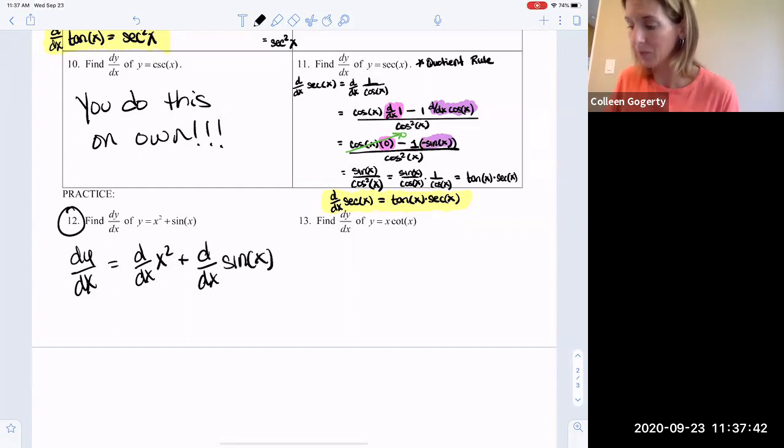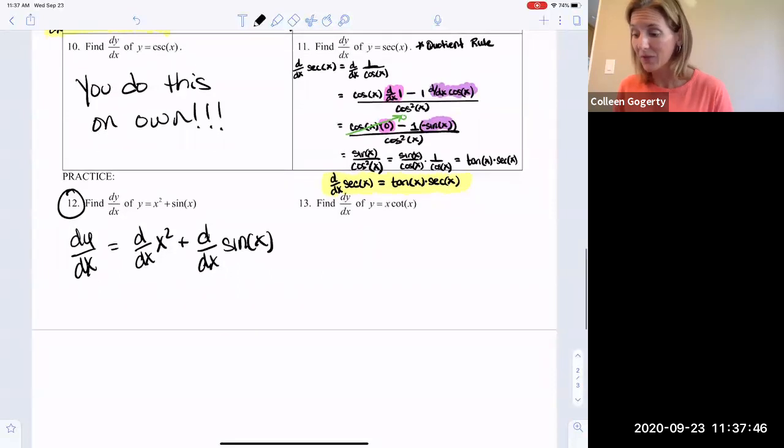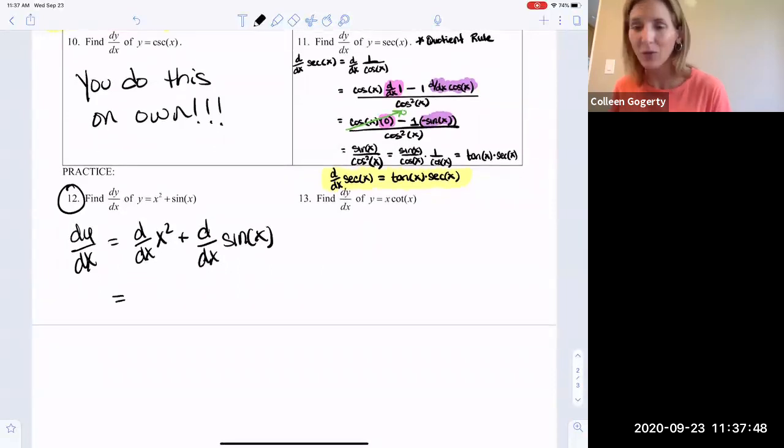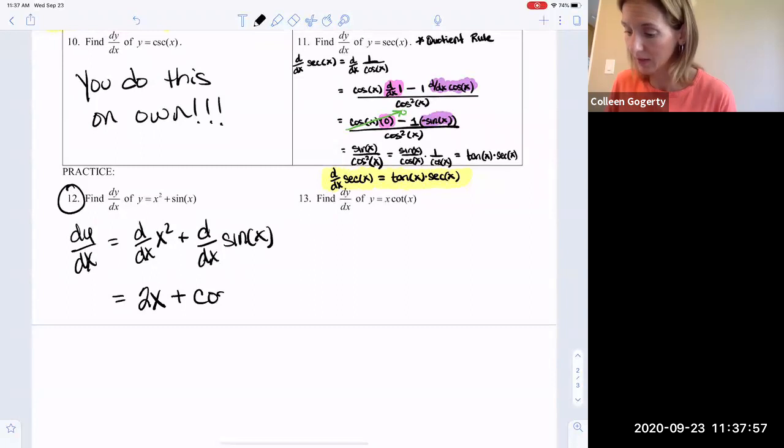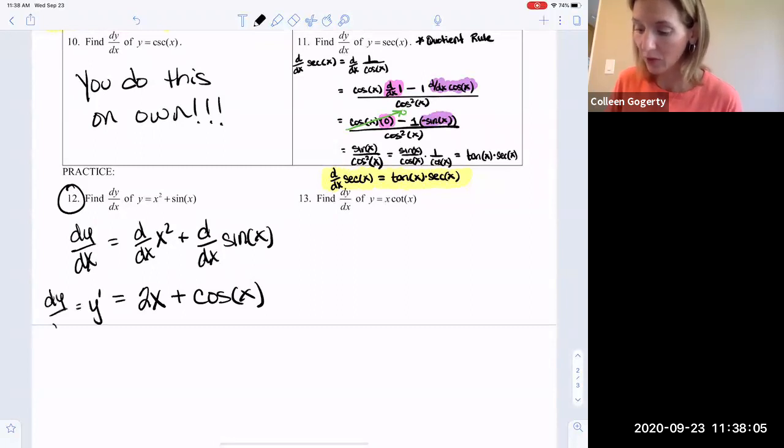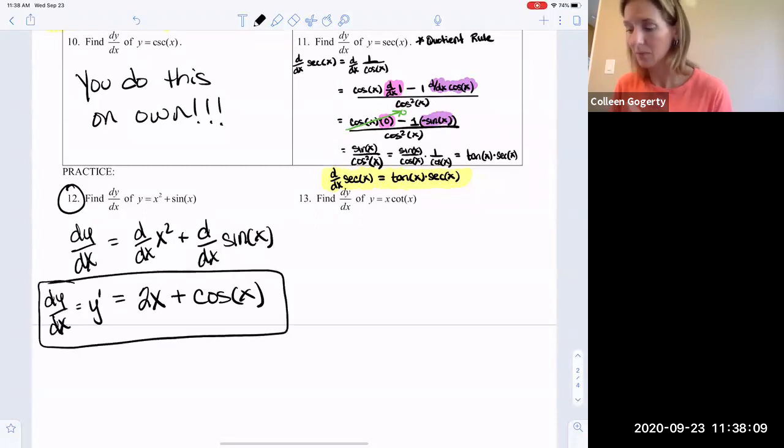Now this step that I'm writing out is totally optional. If you can right away say, I know the derivative of x squared is 2x, and I know the derivative of sine of x is cosine of x, well, now there's your answer. Y prime, or dy dx, however we want to write the notation, is 2x plus cosine of x.